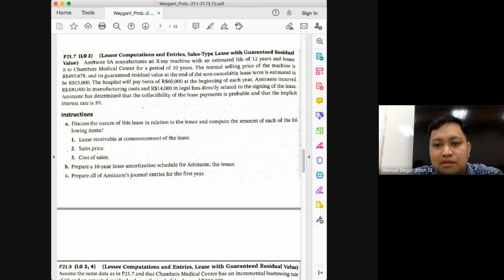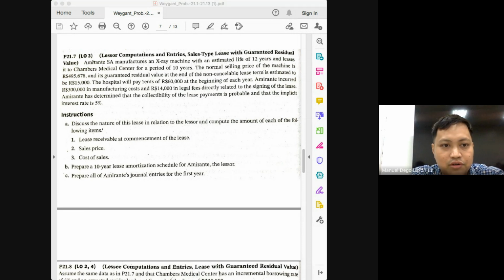Again, your initial lease receivable will just be the present value of your lease payments, class. And how much is the present value of your lease payments? It is 495,678.